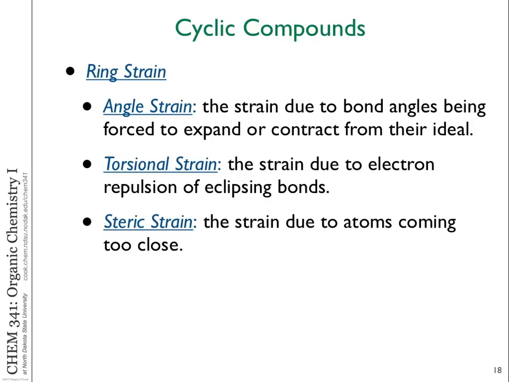Okay? And the other thing about cycloalkanes is that because of the constraint of the ring, it forces the molecules into conformations where there might be additional torsional strain or additional steric strain, or what we refer to as angle strain.